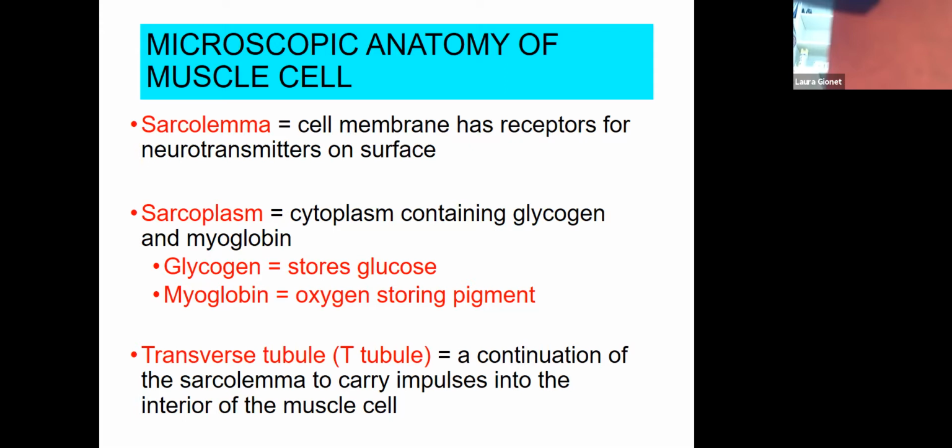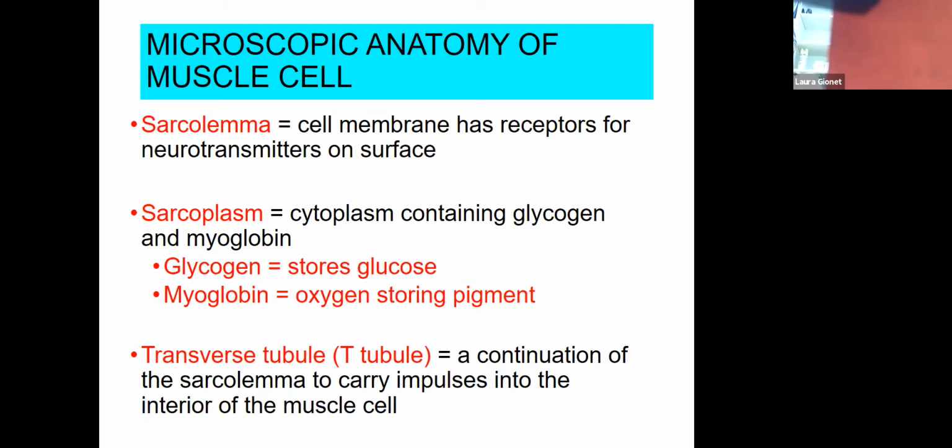And on the surface, it has receptors for neurotransmitters. In this case, we're primarily going to be looking at receptors for acetylcholine. A receptor that binds to generally a chemical compound like that is called a ligand receptor.